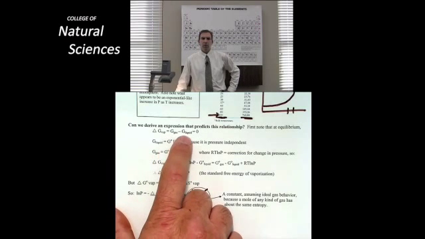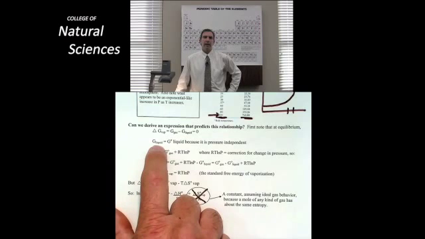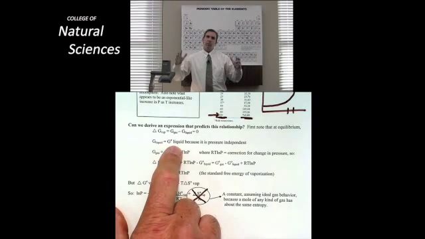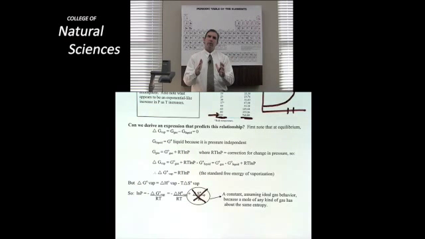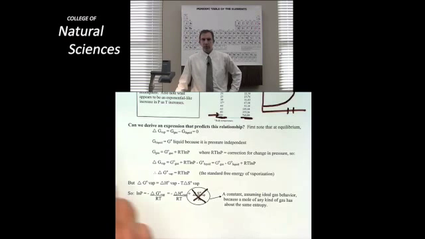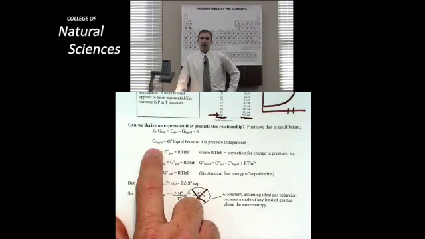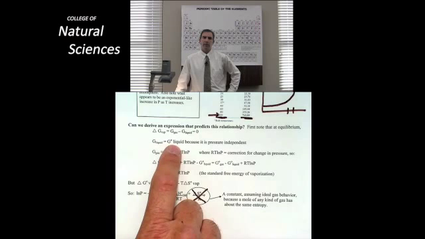First of all, G of the liquid is actually going to be pressure independent, because if you think about liquids, when you try to put a pressure onto a liquid, there is no significant change in the free energy. The volume doesn't change, and as a result, we can say that G of the liquid is equal to G naught of the liquid. So this becomes pressure independent.